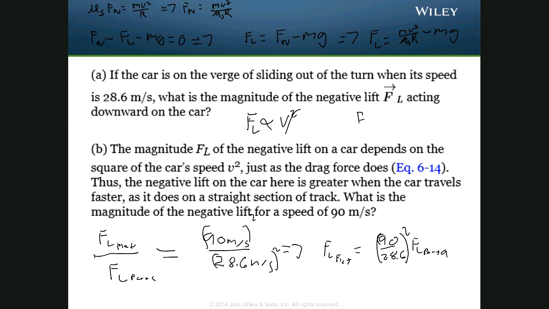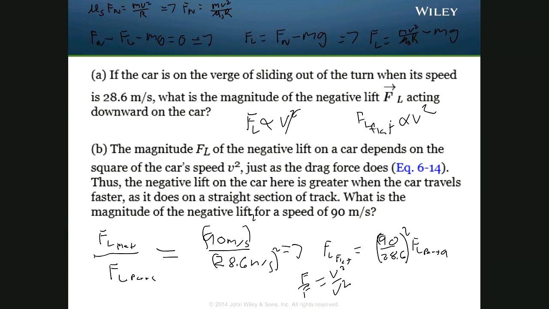But I forgot that the whole point of taking the ratios is that if FL is proportional to v squared, and we also know FL flat is proportional to v squared, then the ratios will be the square of the velocities. We take these two ratios, that's got to be the v squared over the v squared. So that's correct. I messed that up.